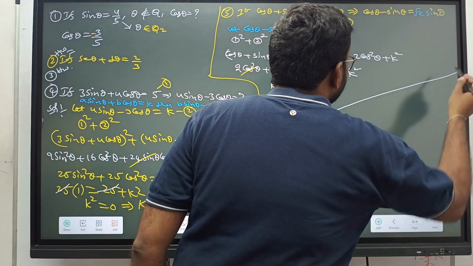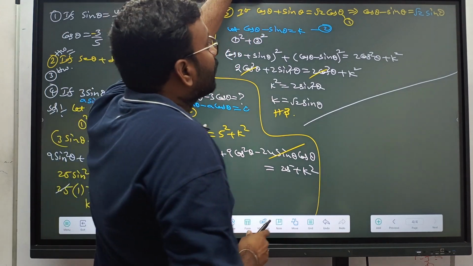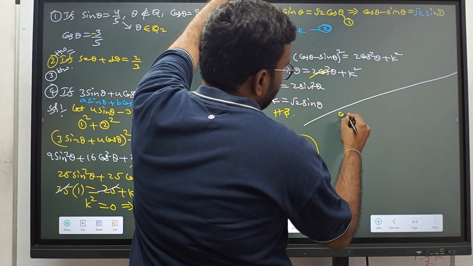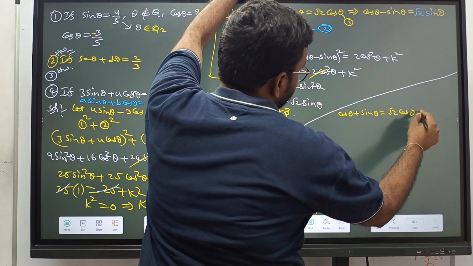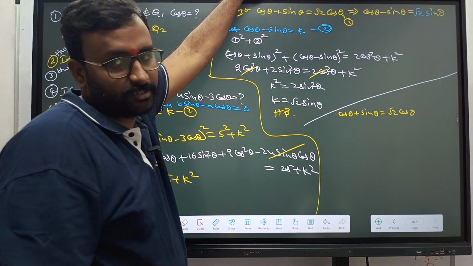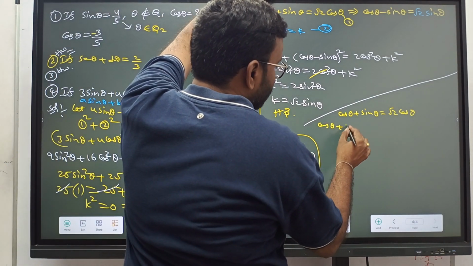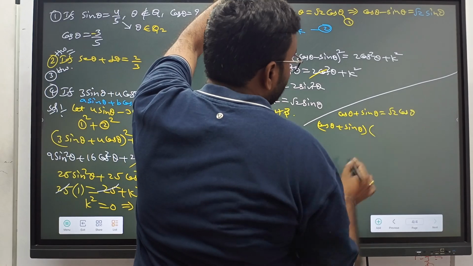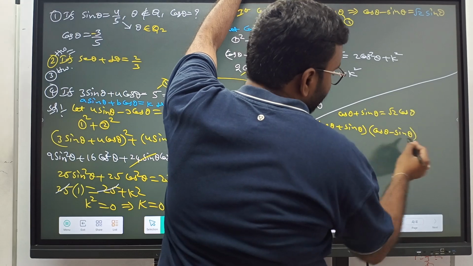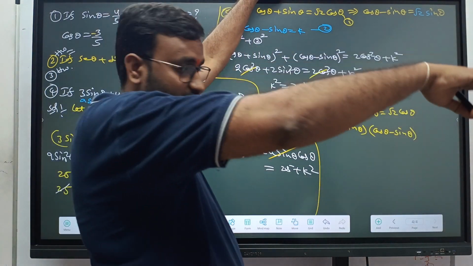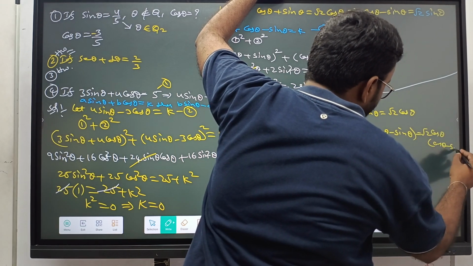Another method. Here cos theta plus sin theta is given as root 2 cos theta. I am doing rationalization. Rationalization means, cos theta plus sin theta into cos theta minus sin theta by cos theta minus sin theta, taking it on the right-hand side, that is equal to root 2 cos theta into cos theta minus sin theta.